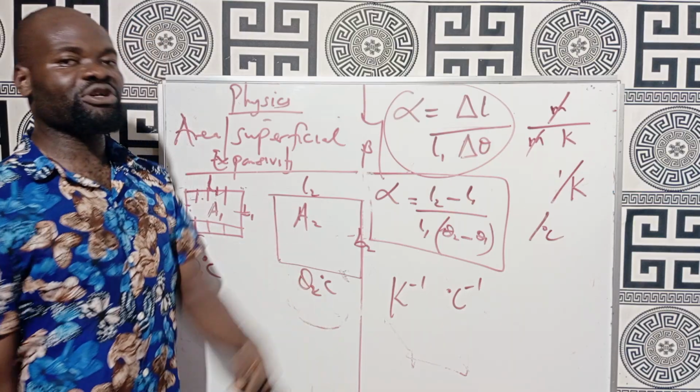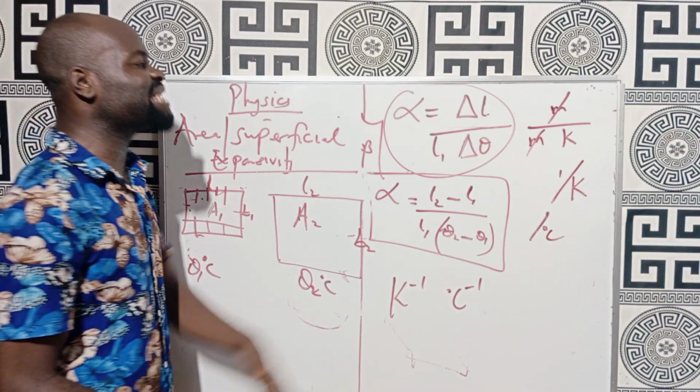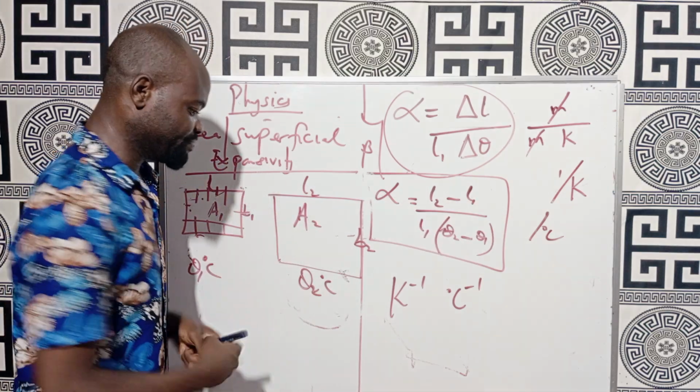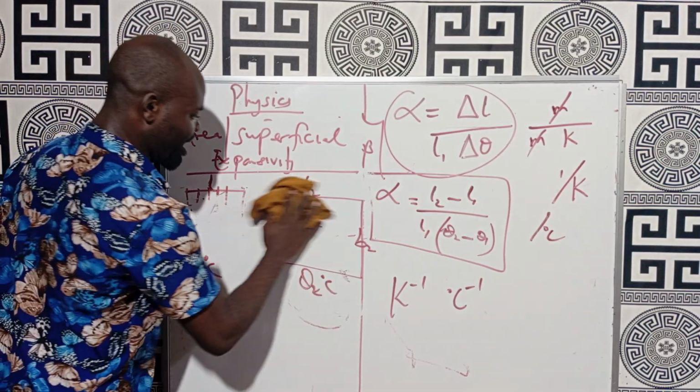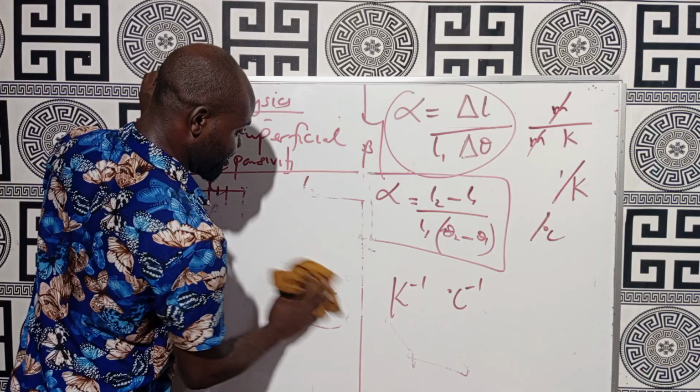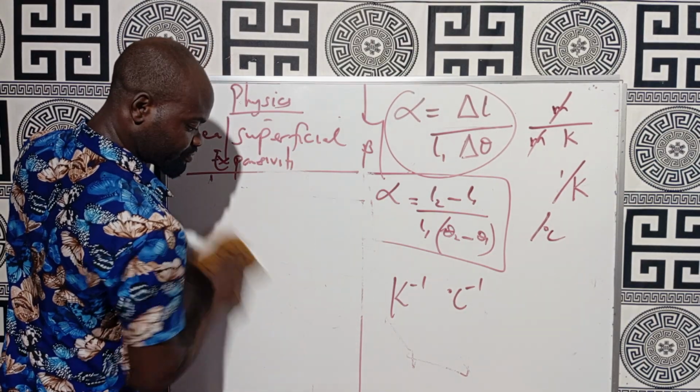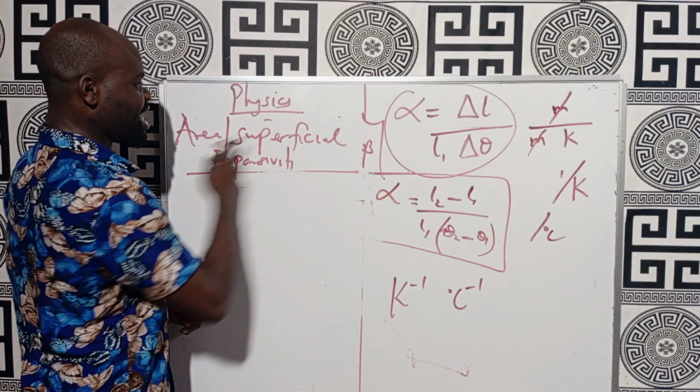The unit of area expansivity is the same as that of linear expansivity, and the formulas are similar. So area expansivity is beta.